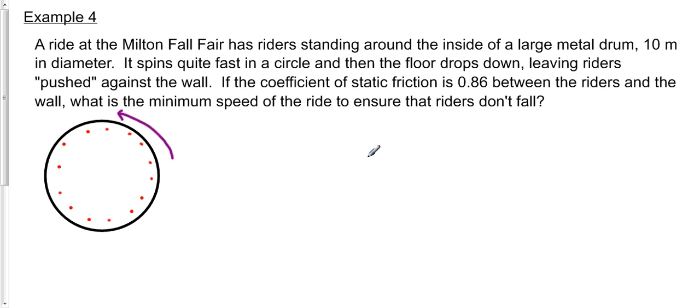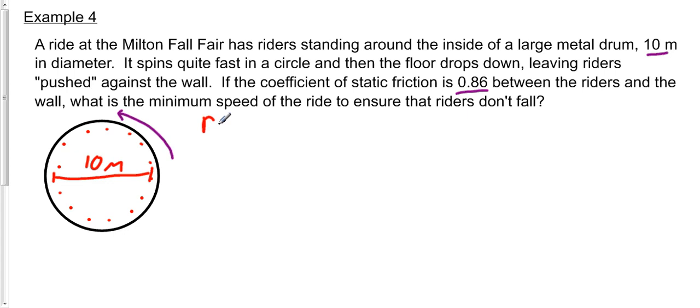So we want to know again what sort of speed we need to ensure the riders don't fall down onto this floor. And the value I've given you here is the coefficient of static friction between the riders and the wall. I've also told you this drum is 10 meters in diameter. So from here to here is 10 meters, which means the radius of this thing is 5.